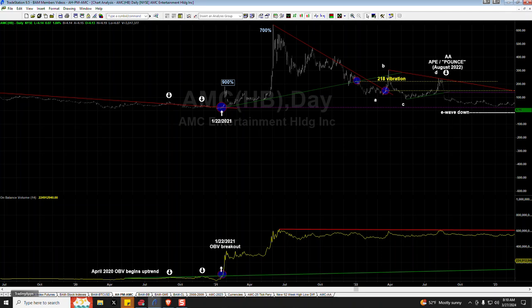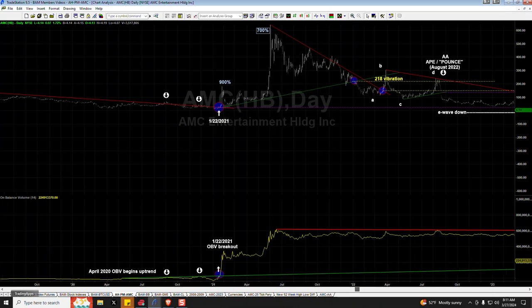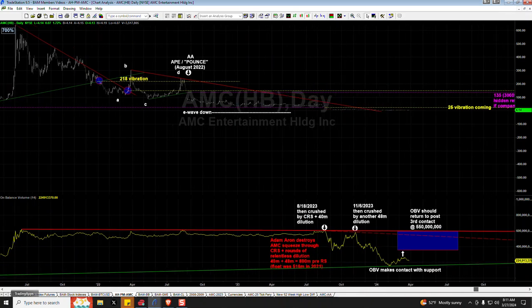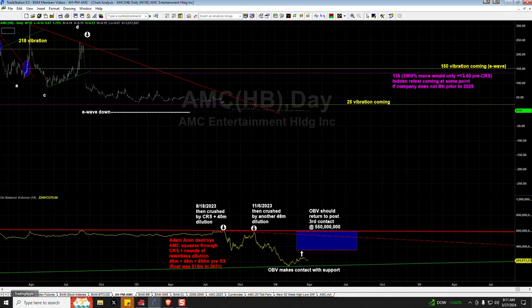So when you think in terms of what we've already seen, when we had a less diluted stock and arguably a much more explosive short covering setup as far as the statistics behind how many shares were short and the rest of that, you have to keep in mind that just to move up to $13.50, the equivalent of $13.50 pre-CRS, which is $135, which is this hidden retest level I have, that's a 3,000% move.